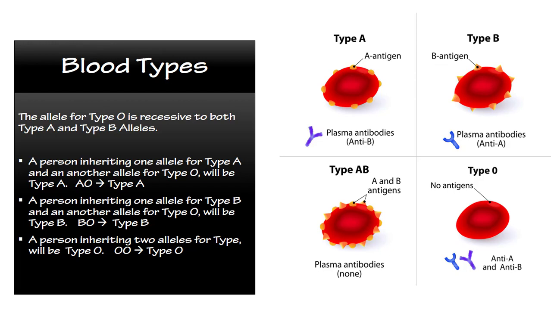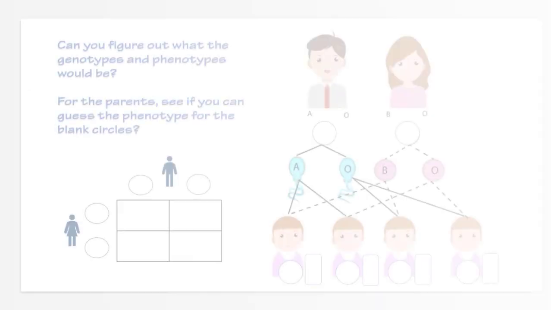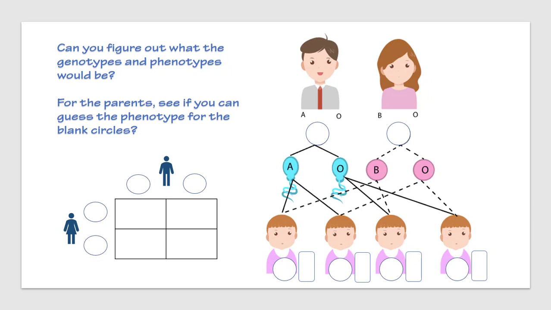A person inheriting one allele for type A and another allele for type O will be type A. A person inheriting one allele for type B and another allele for type O will be type B. A person inheriting 2 alleles for type O will be type O. Can you figure out what the genotypes and phenotypes would be? For the parents, see if you can guess the phenotypes for the blank circles before they are removed.